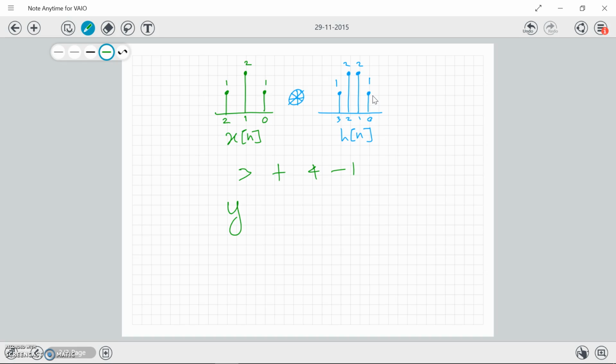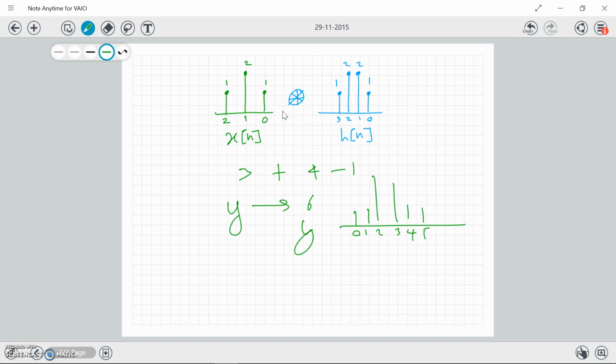How many outputs are we going to have? 4 plus 3 is 7, minus 1, 6. So the y is going to have values indexed 0, 1, 2, 3, 4, 5. 0 to 5 is 6, right? So the output is going to look like this, from this convolution process.